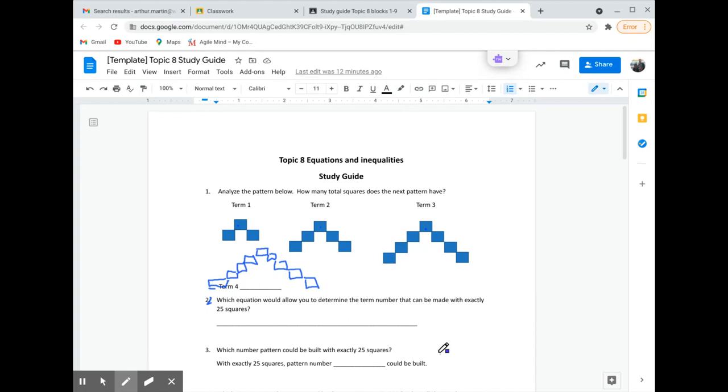So what I came up with was x times 2, because there's 2 sides, plus 1. And I would set it equal to the number of squares. So you could also have written 2x plus 1 equals 25.